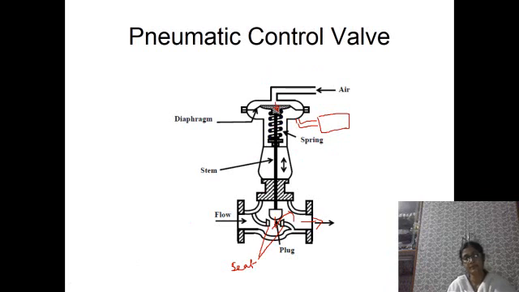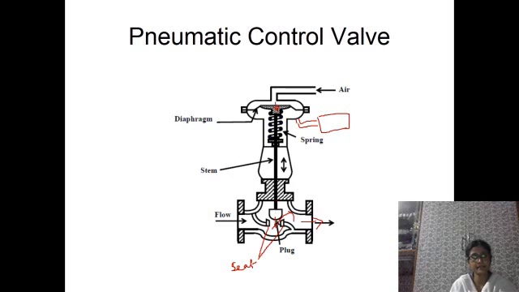Now air to open type means, I discussed this earlier also during on-off controller, that air to open type or air to close type means, say for this control valve, when air reaches the diaphragm, what happens? The downward pressure increases.